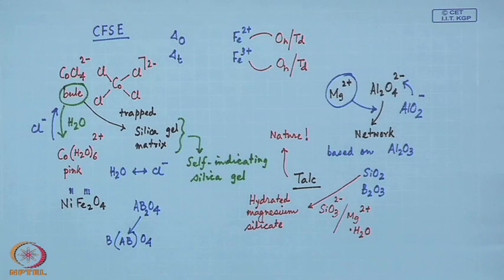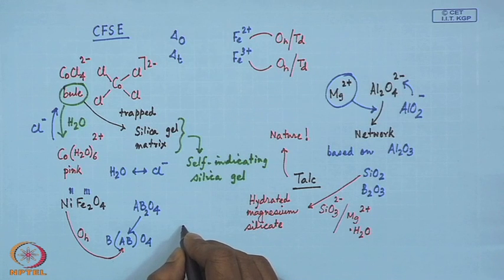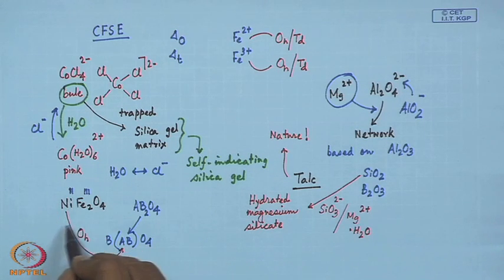So, we have this metal ion, that means nickel, and it can be moved to the octahedral site, because nickel we always know can have only the +2 oxidation state and it will have a preference for the octahedral site, because it is very difficult to get a situation where nickel is stabilized by 4 O2 minus in a tetrahedral arrangement.